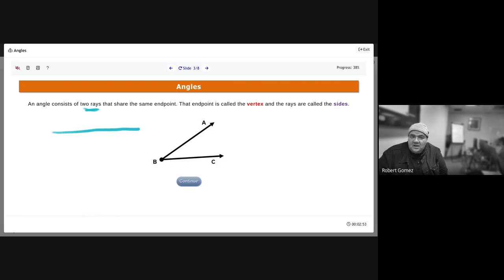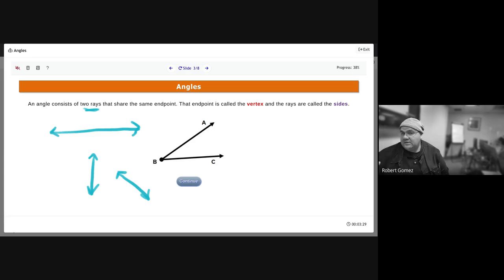It looks like a line, but a ray goes on forever in one direction. This is an example of a ray. And of course, if I did it diagonally, that would still be a ray. It just continues on and on.